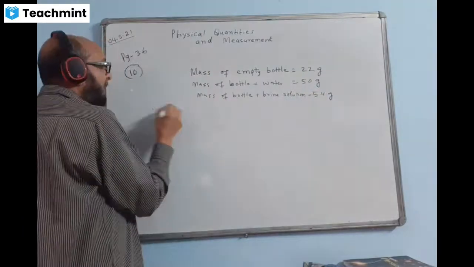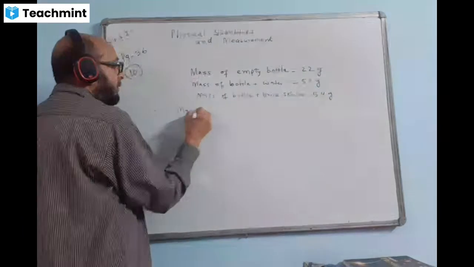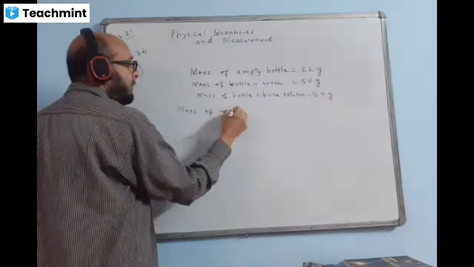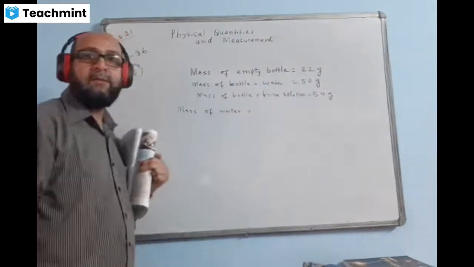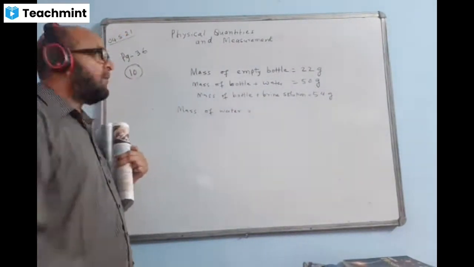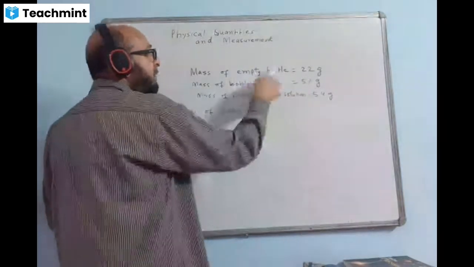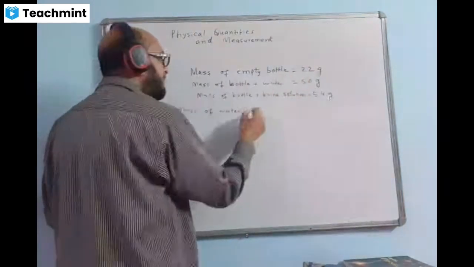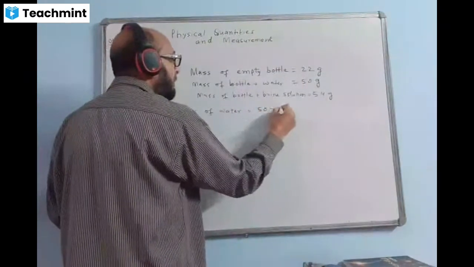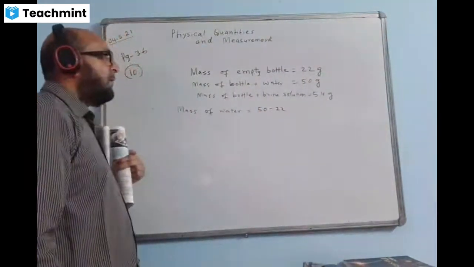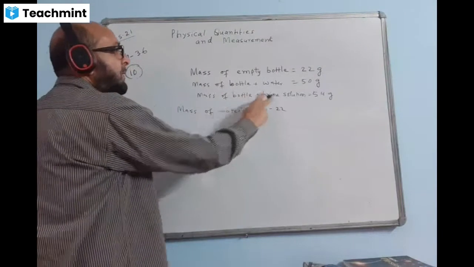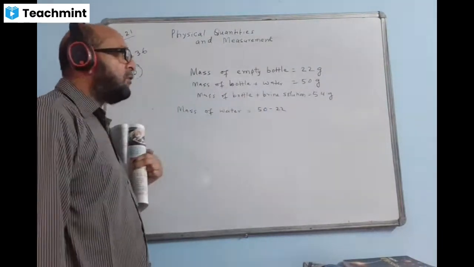Therefore, we find mass of water. First, we'll find mass of the water. Mass of the water, how to find? If you subtract, mass of the bottle plus water is 50 and mass of empty bottle is 22. Then we have mass of water plus the third one, brine solution.